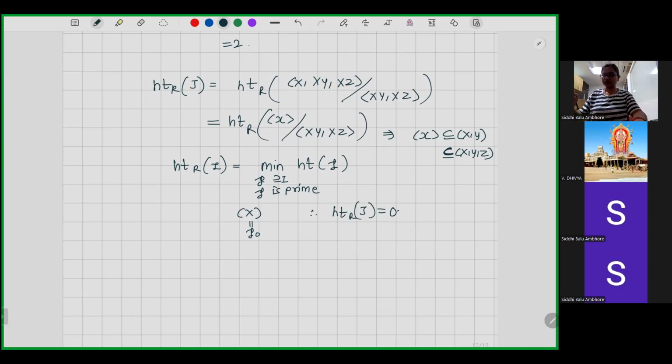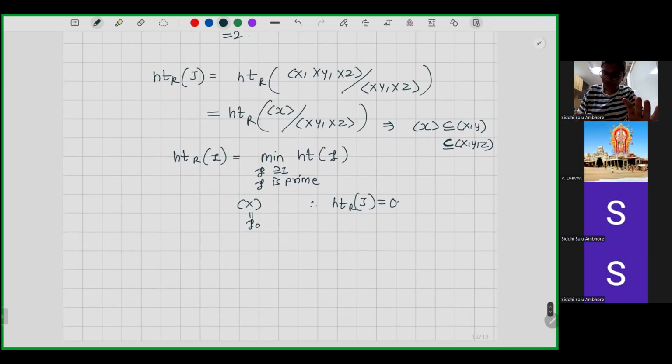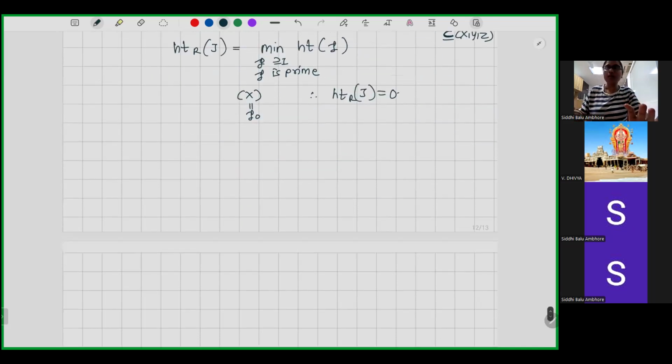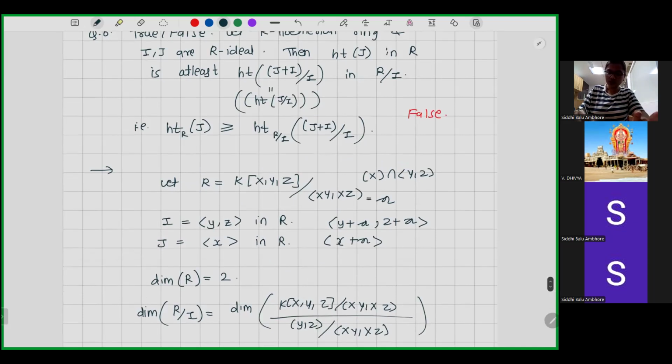So that's it. The height of J is actually 0. So now I have an example where the height of J is 0 here.